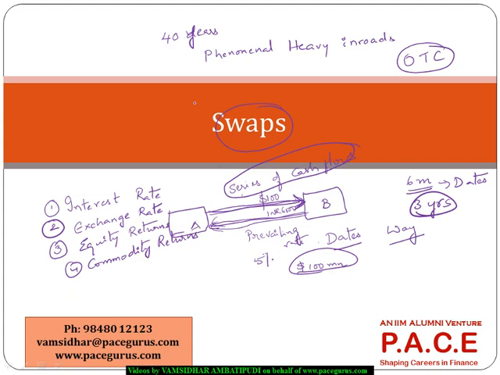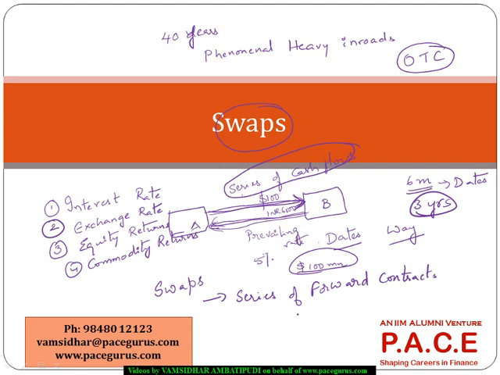And if I look at it logically, a swap is looked at like a series of forward contracts, because a forward talks about one single settlement date, and on that day the whole settlement happens, whereas a swap is looked at as multiple settlement periods. Whatever is agreed upon today, the settlement in a forward happens at the expiry of the contract.